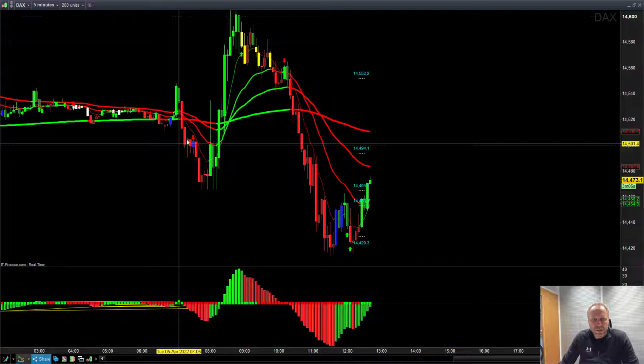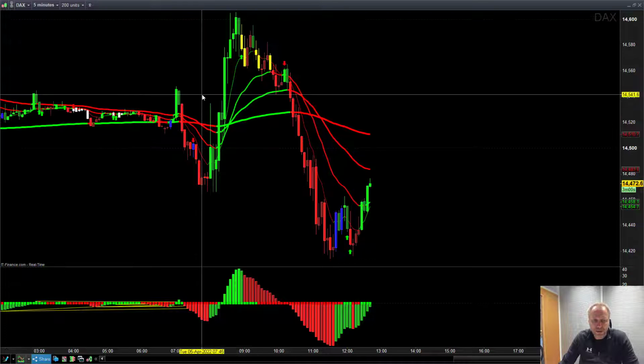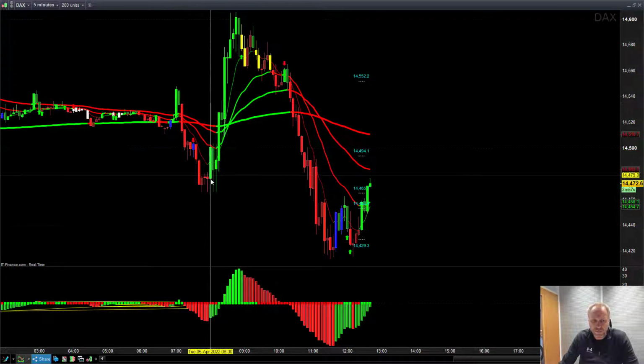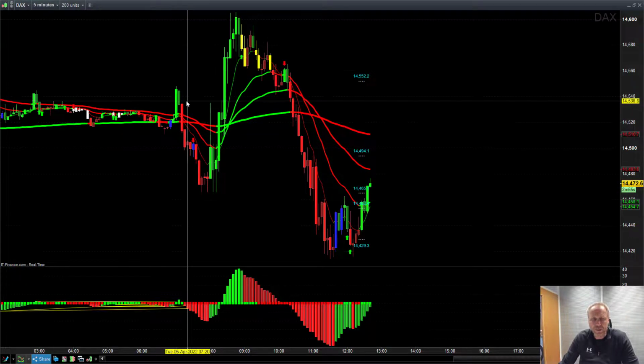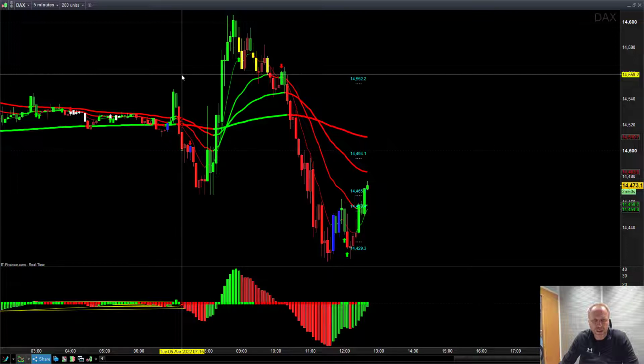Wide range candlesticks are not good, especially for myself having been doing this for many years. These candlesticks were very wide indeed, and the markets were very spiky this morning. So I had to wait and be a little bit more patient with those early morning moves.